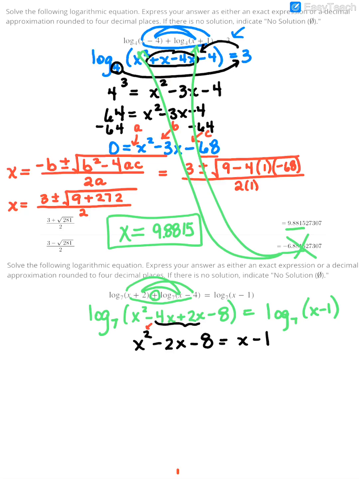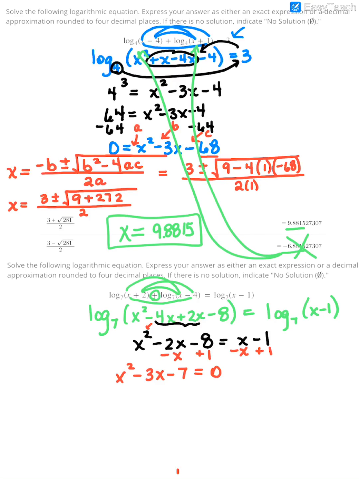So in order to solve a quadratic, I have to first set it equal to 0, which means I will subtract x on both sides, and I will also add the 1. So I'm left with x squared minus 3x minus 7 is equal to 0.